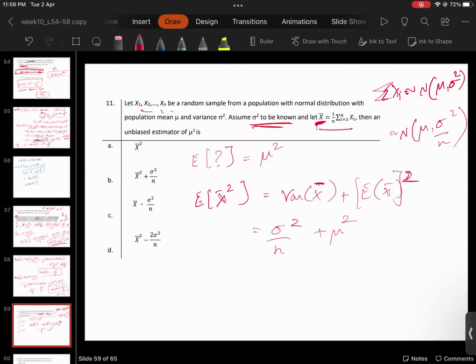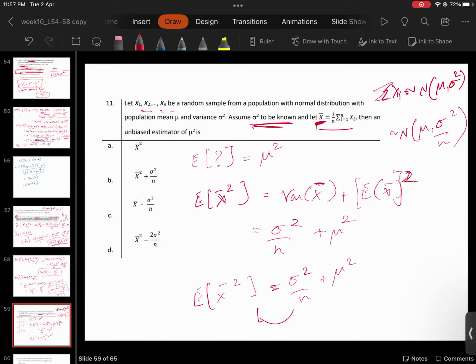So we only need mu square on the right hand side.